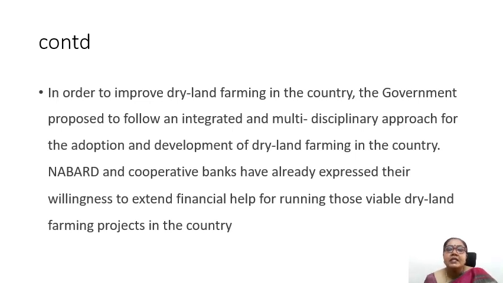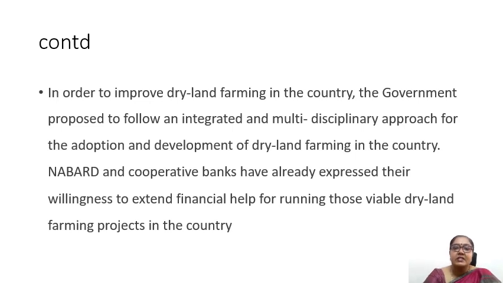And we also see that when it comes to money or credit, NABARD and cooperative banks have already expressed their willingness to extend financial help for running those viable dryland farming projects in the country.